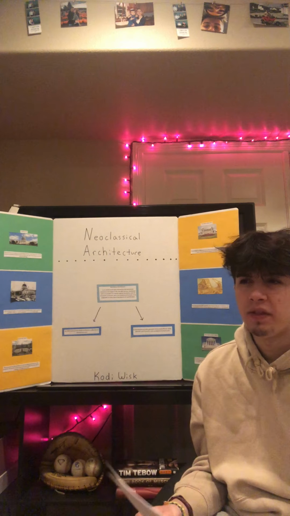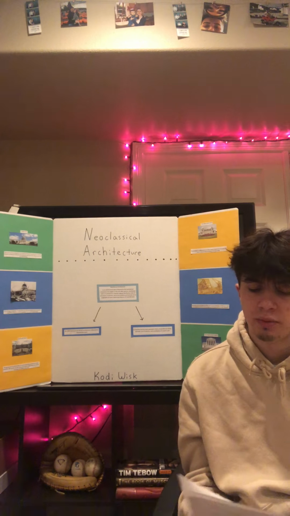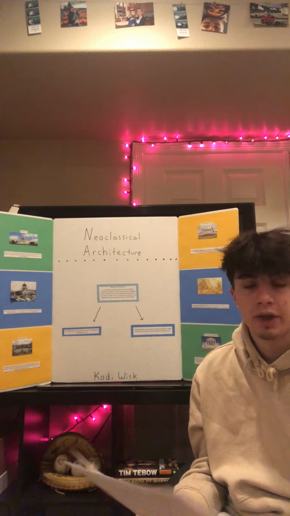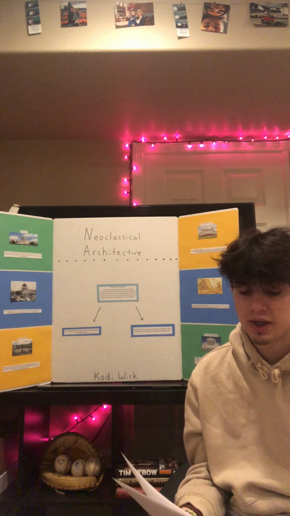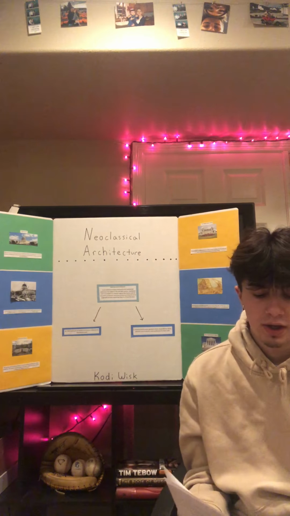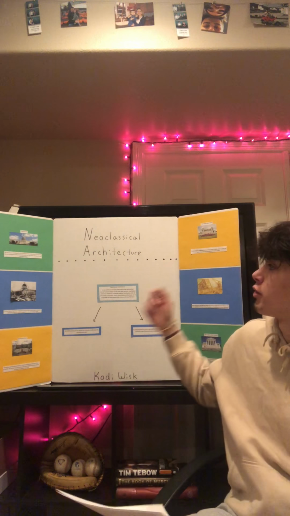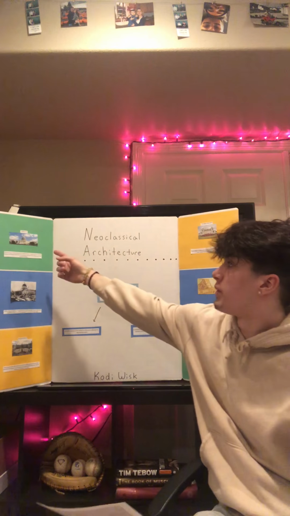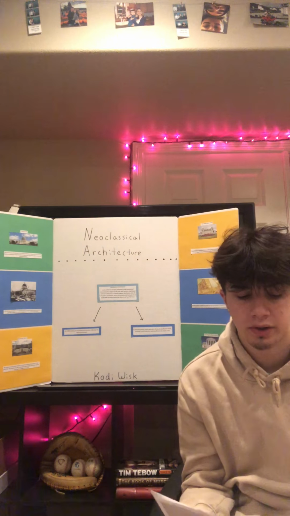It is characterized by things such as scale, geometric forms, Greek and Roman detail, columns, and blank walls. So for my first neoclassical building, I decided to do Capitol Hill.